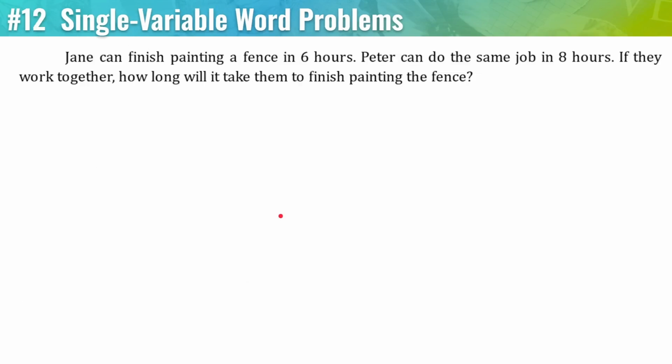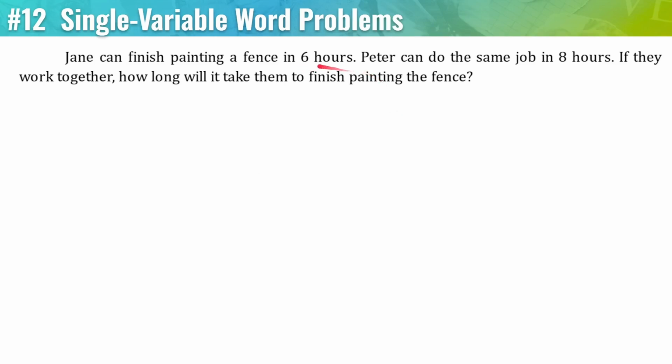So number 12. Jane can finish painting a fence in 6 hours. Peter can do the same job in 8 hours. If they work together, how long will it take them to finish painting the fence? So this is an example of a work word problem. What you need to know is that there is only one work, which can be represented by the number 1 or 100% of the work.